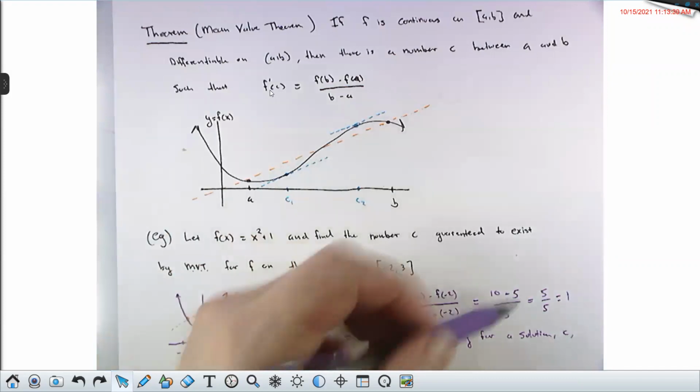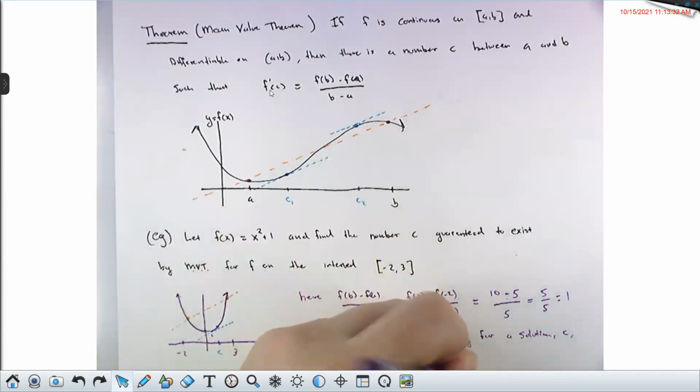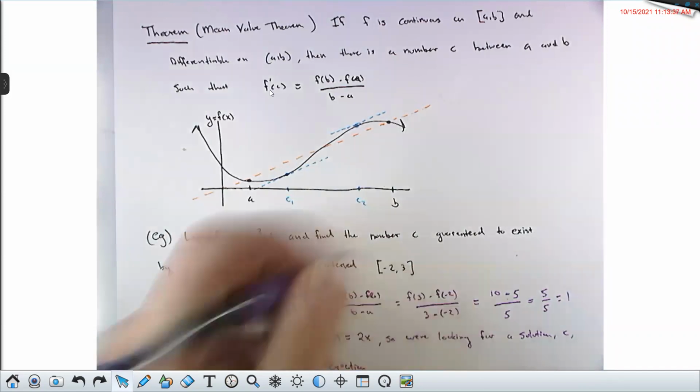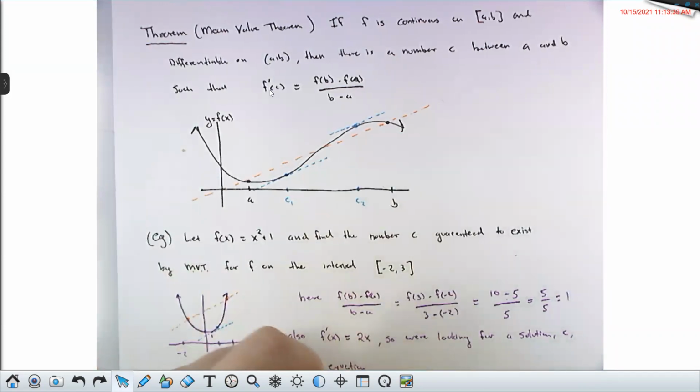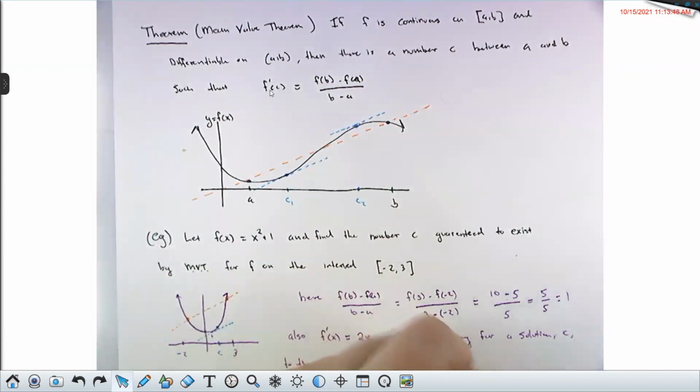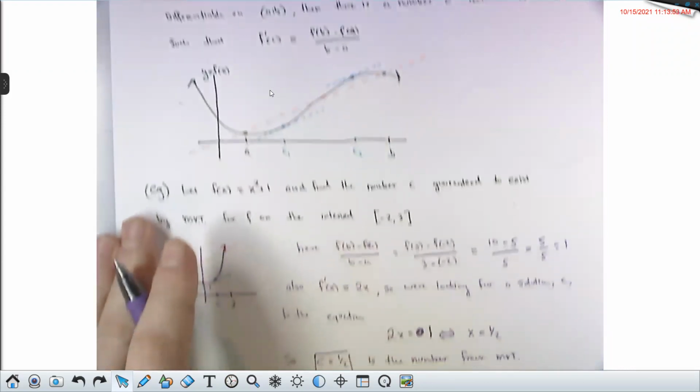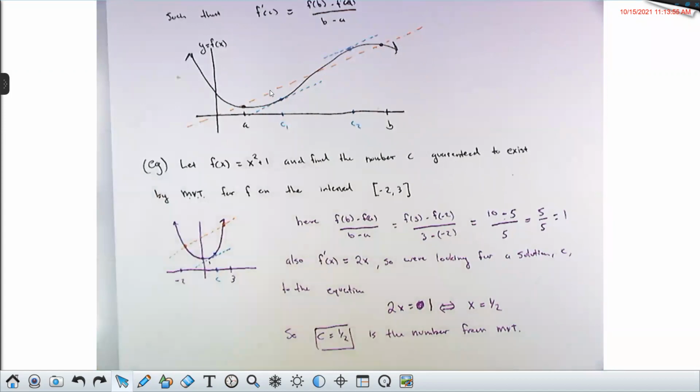F prime is equal to this ratio. And of course that means x is 1/2. So c equals 1/2 is our guy. Is the number from the MVT. Not bad, right? Pretty simple stuff.